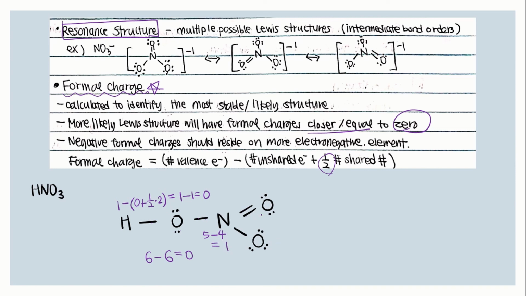And for the oxygen atom in here, you do 6 minus 1, 2, 3, 4, 5, 6, which will be 0 again. And then for this oxygen over here, 6 minus 1, 2, 3, 4, 5, 6, 7. And you have -1. And you see that this Lewis structure follows all the rules because the negative charge resides on the most electronegative element, which is oxygen in this molecule.